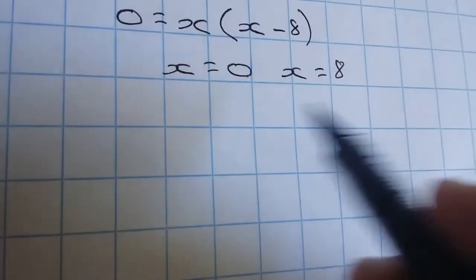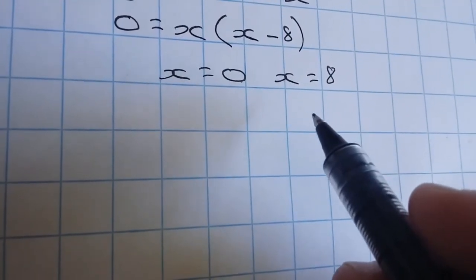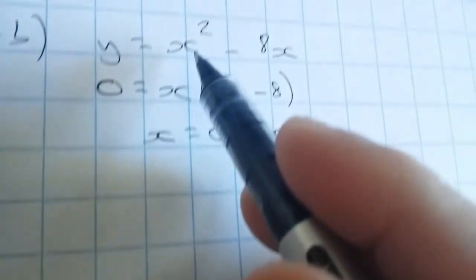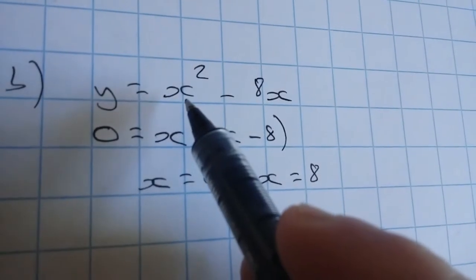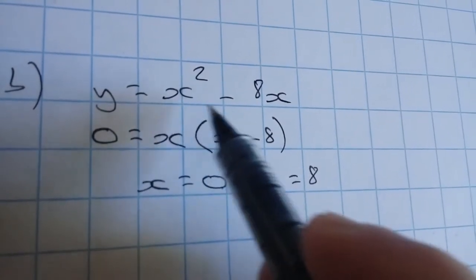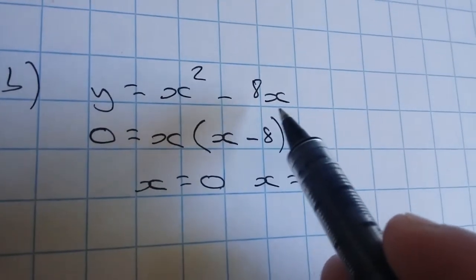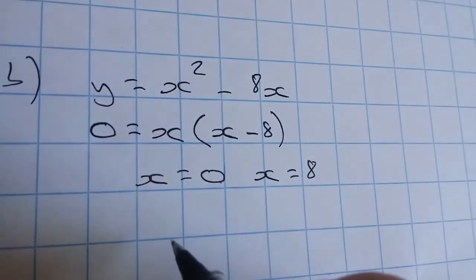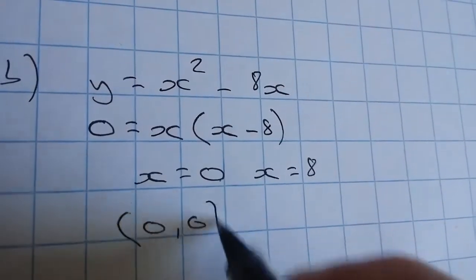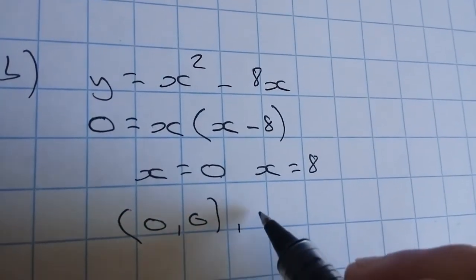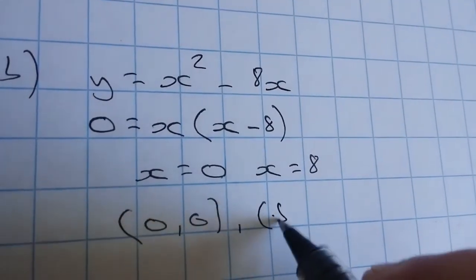I now need to use these values to work out the value of y. So I put these values back in here. Using the value 0, x squared is 0, take away 8 times 0 is 0. So the first root is 0, 0. The other root is going to be x equals 8.